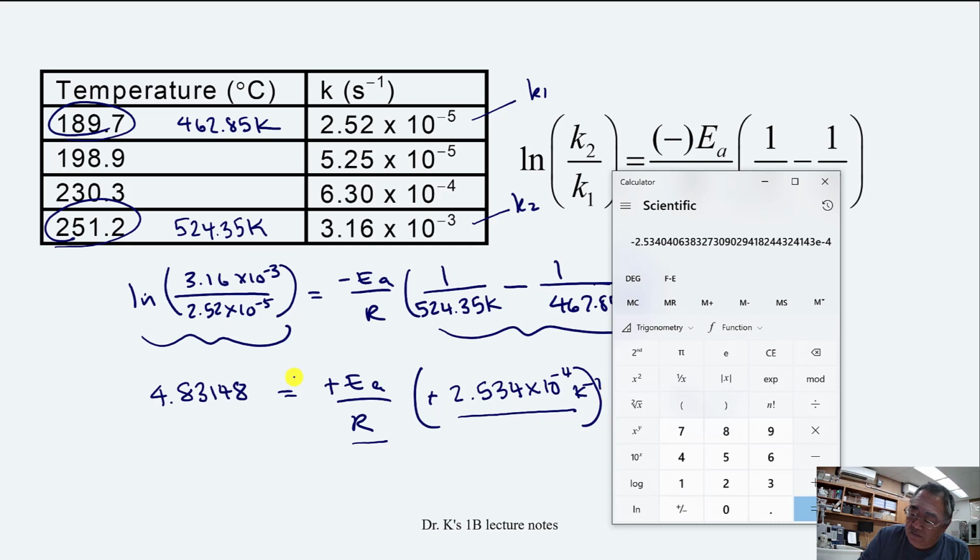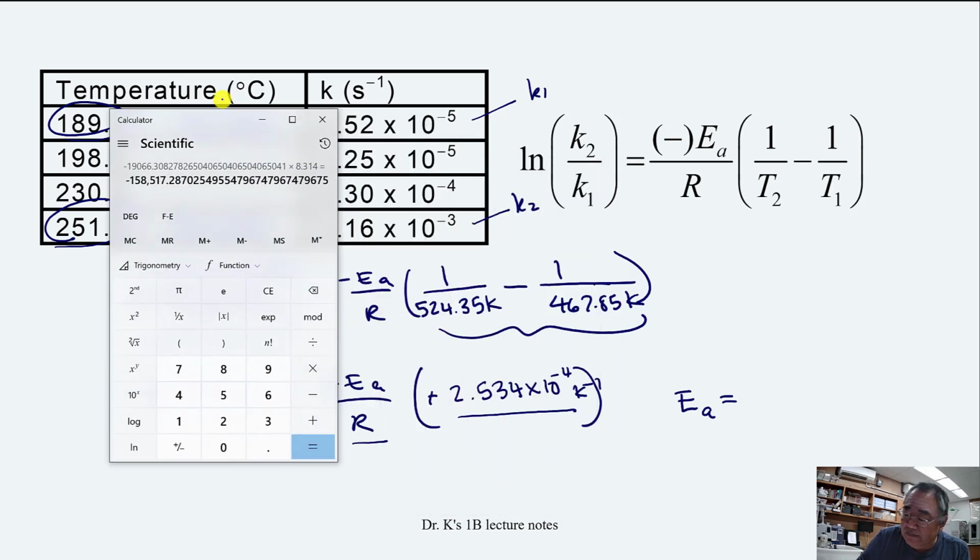And then what I'm going to do is go 4.83148 divided by that number times 8.314. I'm crossing my fingers, 158,517.